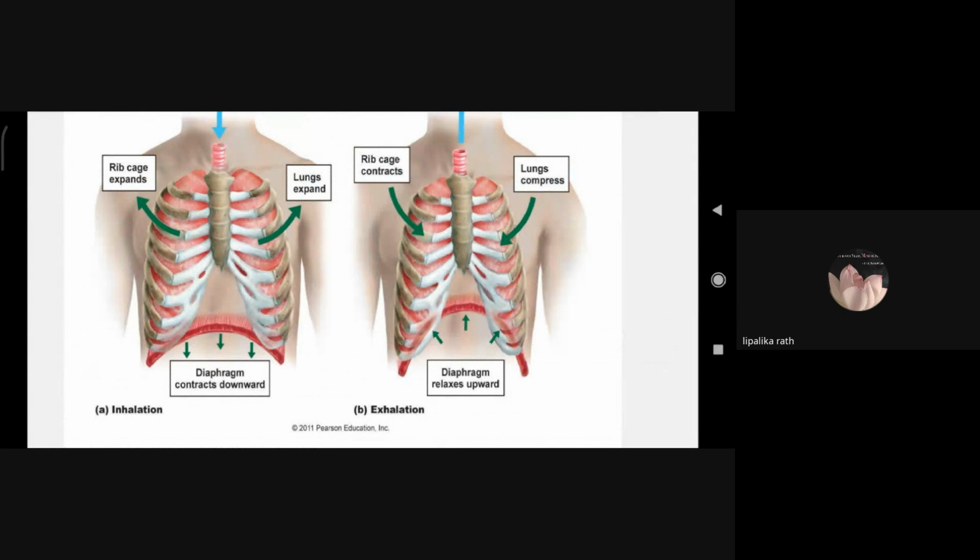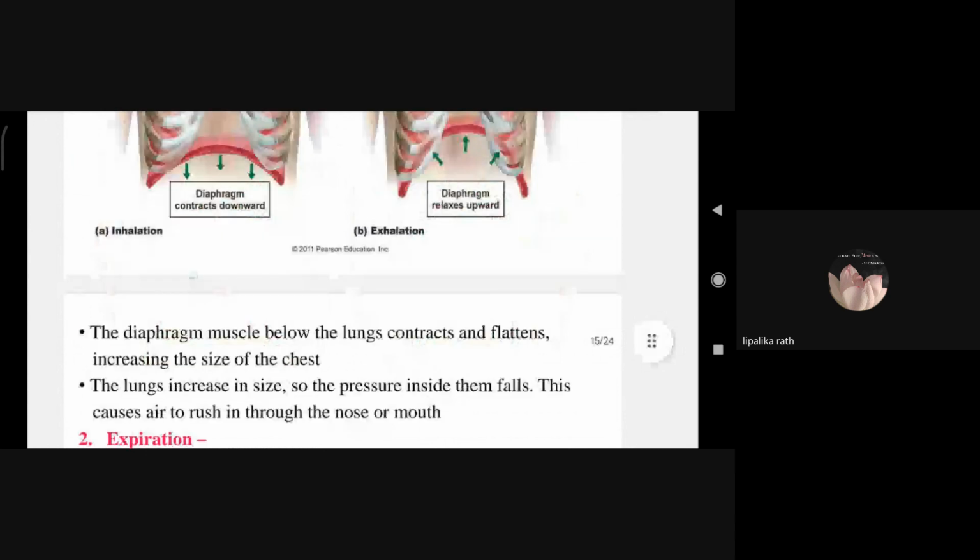But during exhalation, they all get relaxed. The diaphragm relaxes and comes back to its own shape. External intercostal muscles relax, neck muscles relax, and the ribs also contract.